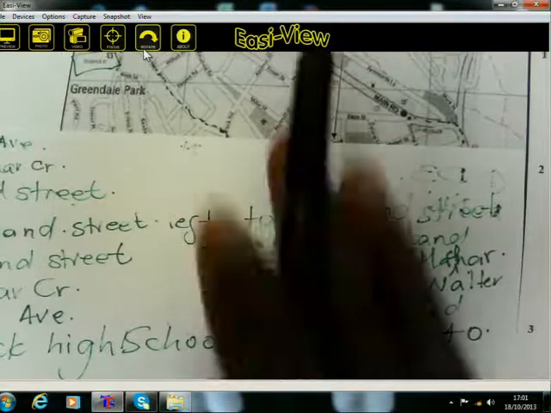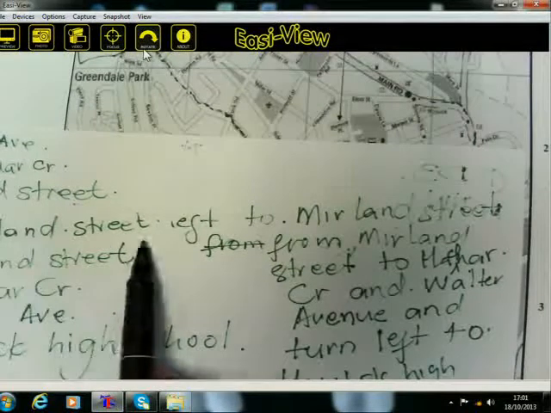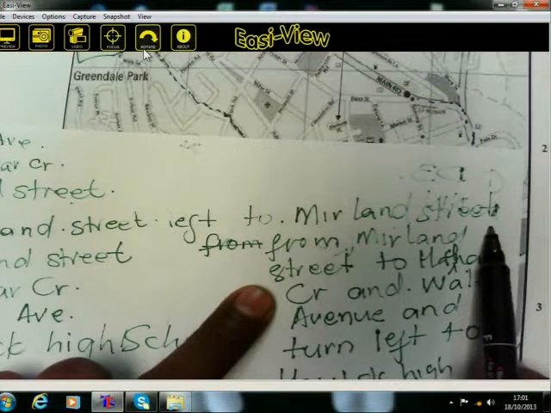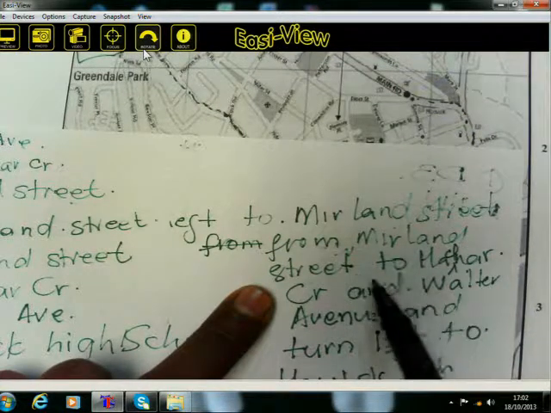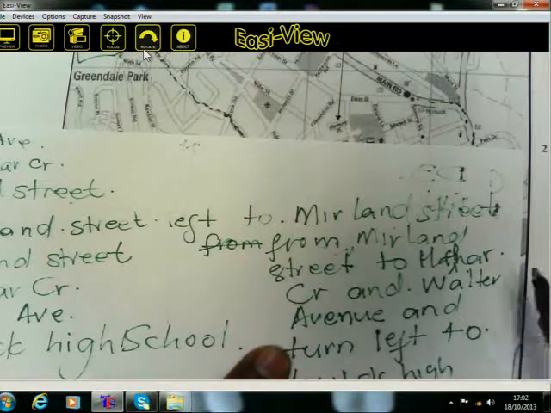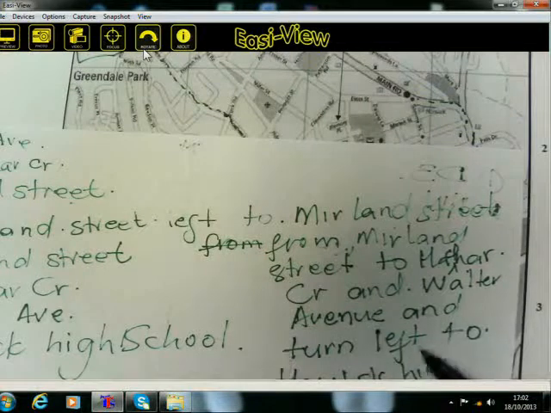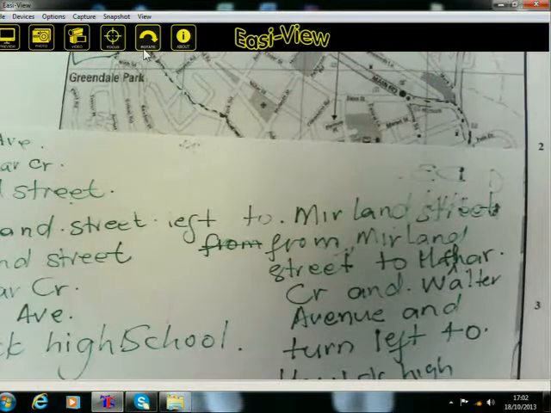Which means from Njoloba High School you get to Waveland Street, left to Mainland Street. From Mainland Street you go straight to Hartner corner and you will turn left to Walter Avenue and turn left again to Howick High School.